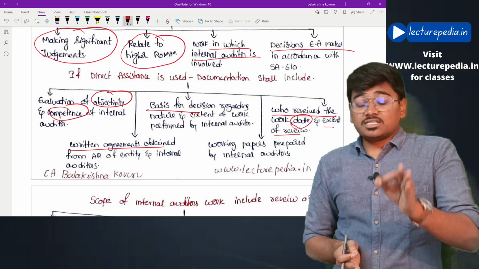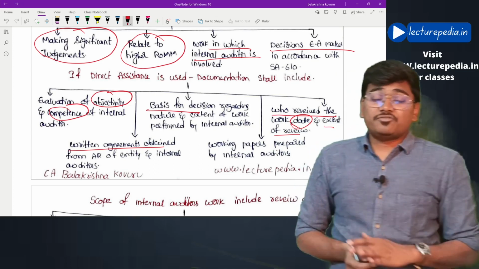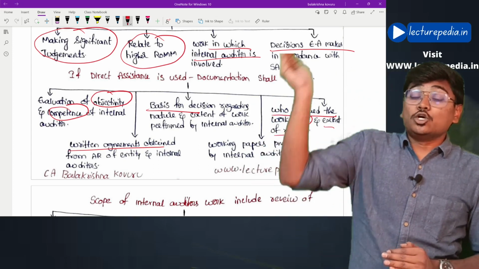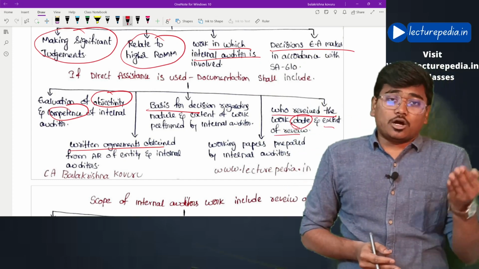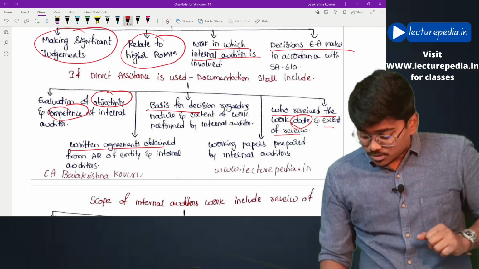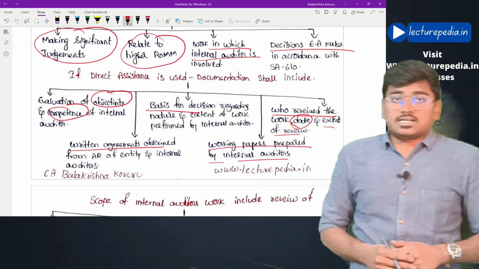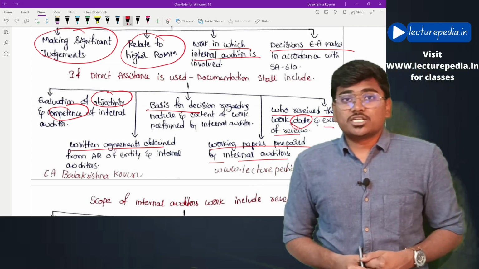In the same way, you should also obtain a written agreement from the internal auditor stating that the internal auditor will maintain confidentiality. These two agreements should form part of the documentation. And also the working papers that are prepared by the internal auditor while providing direct assistance should be included in the documentation of the external auditor.